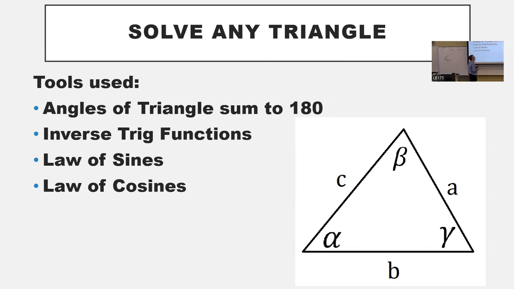And with the law of cosines, and the fact that the angles of a triangle add up to 180 degrees, and the fact that I know how to use trig functions and inverse trig functions, and my law of sines tools, it turns out I can solve any triangle. As long as it's legitimate and you don't get a does not exist scenario.